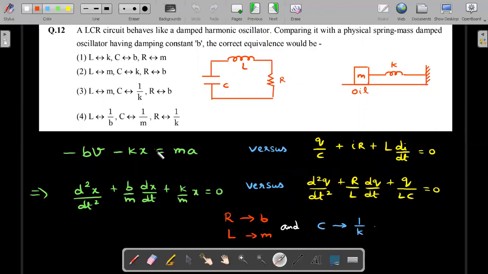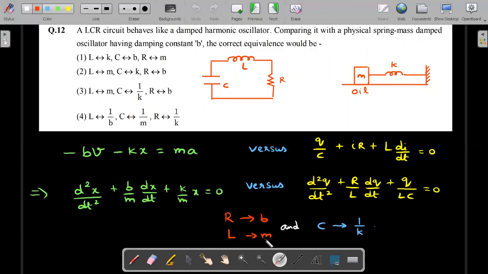Now you rearrange, and A is written as d square x by dt square, then B by M dx by dt, and K into x by M, versus again everything written in double differentials. You compare clearly, right? He's not talking about position versus charge. You can even have those comparisons for a future question. Look at these. He's talking about only LCR. So you could say that B is comparable to R, mass is comparable to L, and that's the basic way. All the dissipation in an electrical circuit happens in the resistor, and B, which is due to viscosity, is going to dissipate energy.